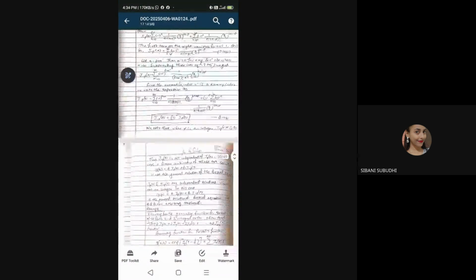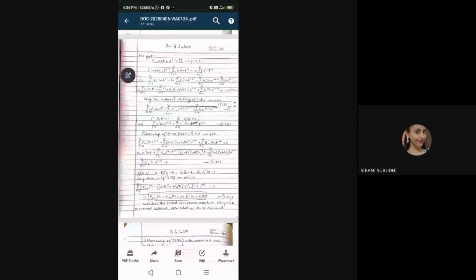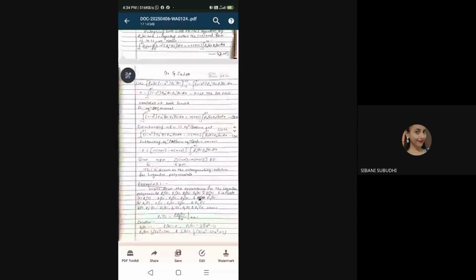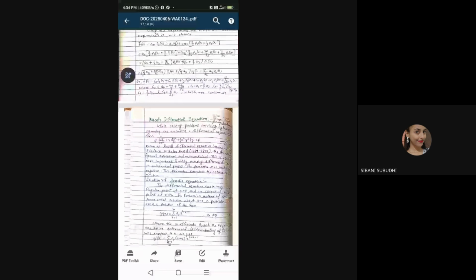Similarly, you can have your Bessel's differential equation and you can solve it by power series. The general form of your Bessel's differential equation will be x square d square y by dx square plus x dy by dx plus (x square minus p square) y is equal to 0.